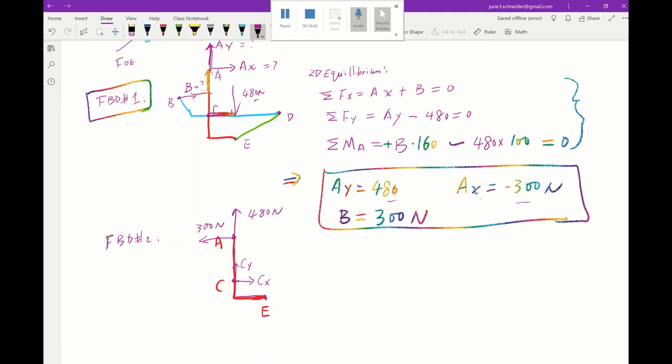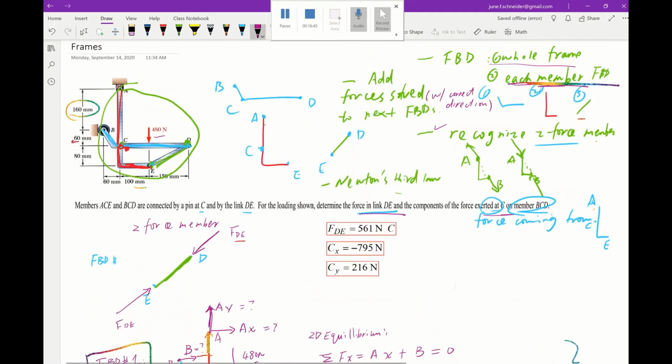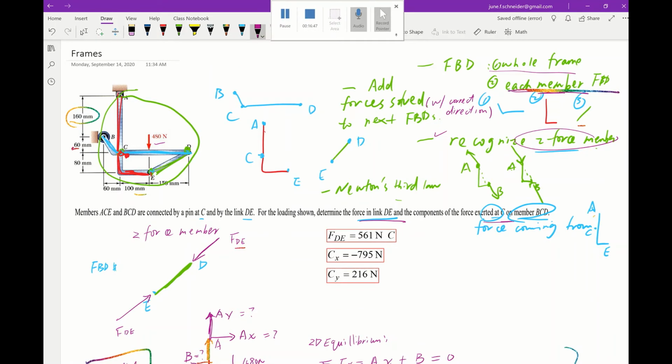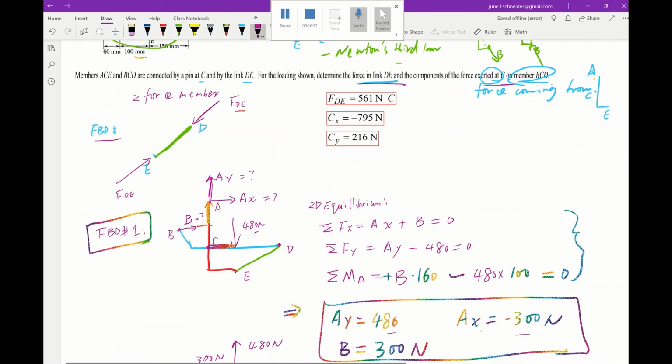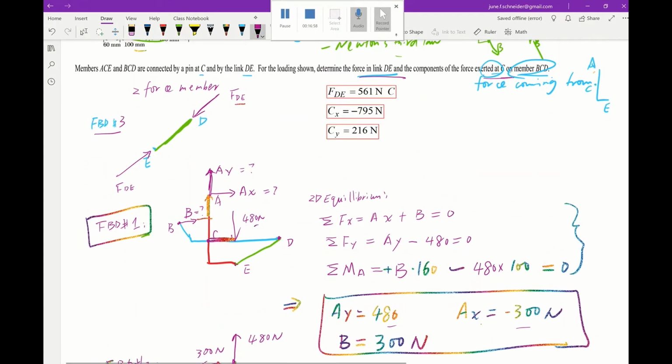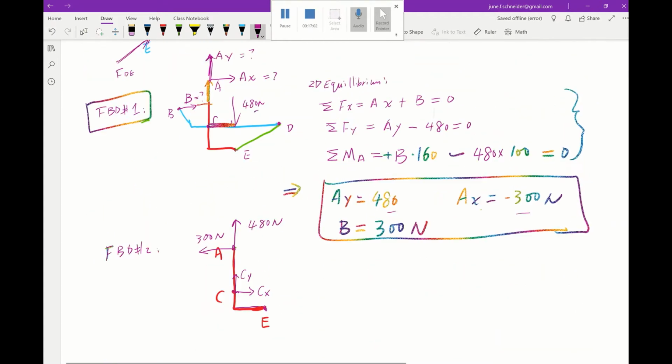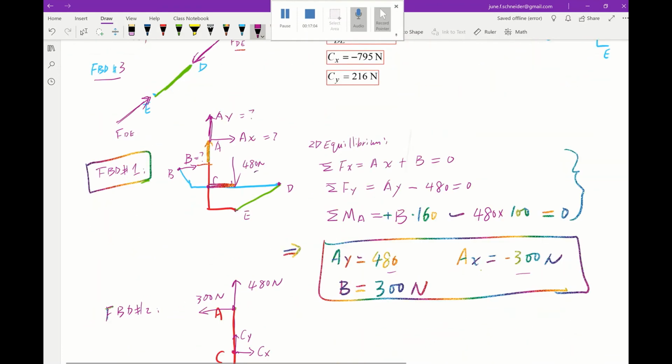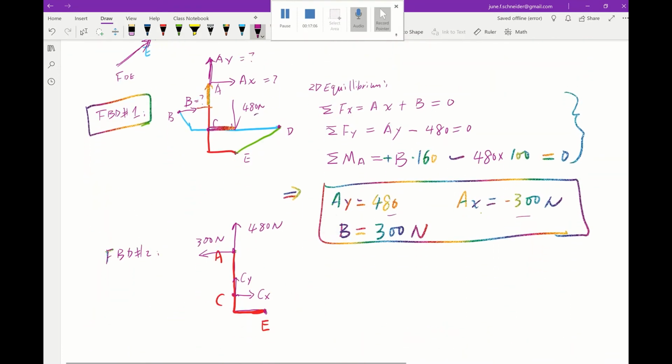If we do that, we are ignoring this beautiful fact we have over here, two force member, which you have figured out here. So I'm actually going to call this FBD number 3. Because from FBD number 3, we know DE is a two force member, and we assumed DE is being what? Compressed. Yes? If I were to use a dash line to show where DE is in this FBD.